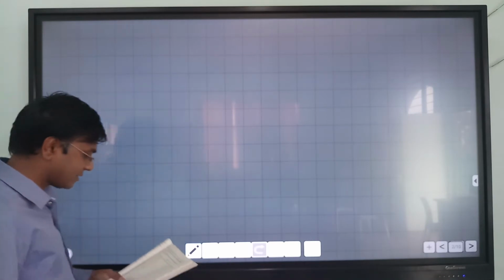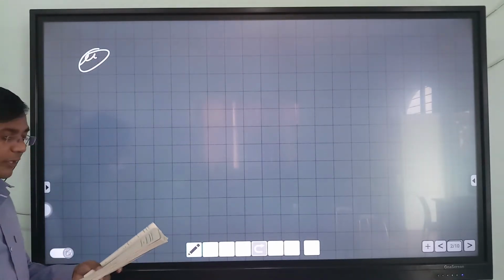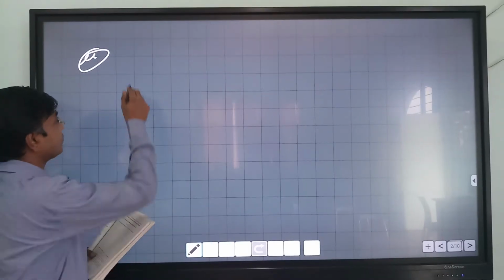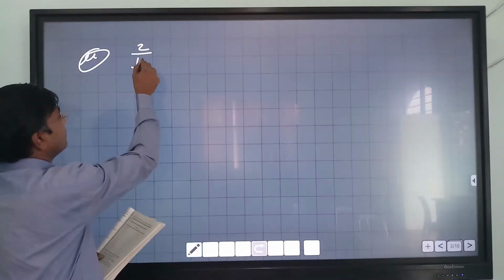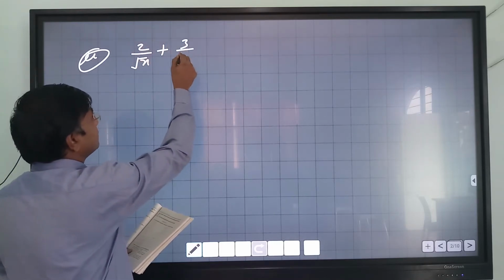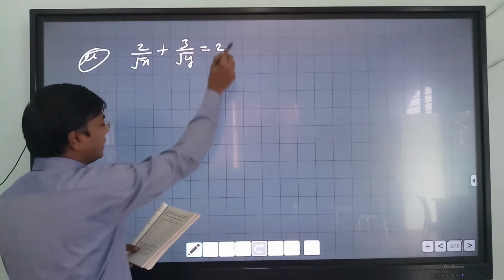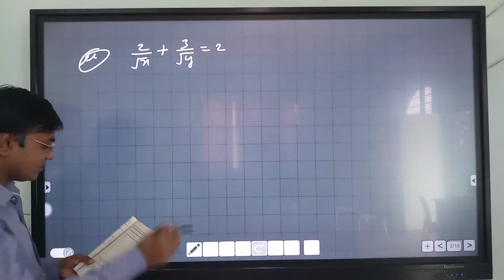So let's take the second part, how to reduce. This time we are learning how to reduce the given equation which is not linear. This time an under root is coming. We should not be afraid of this symbol.